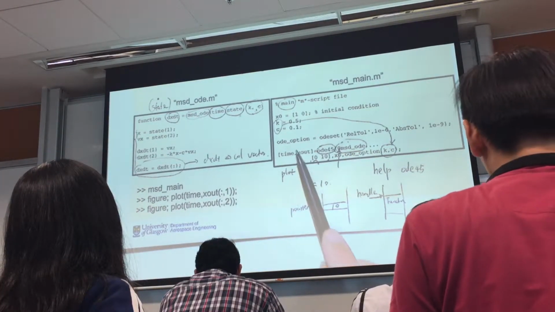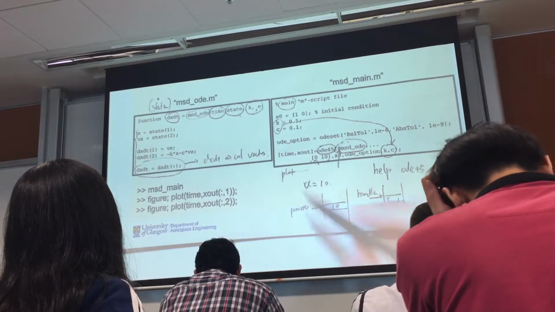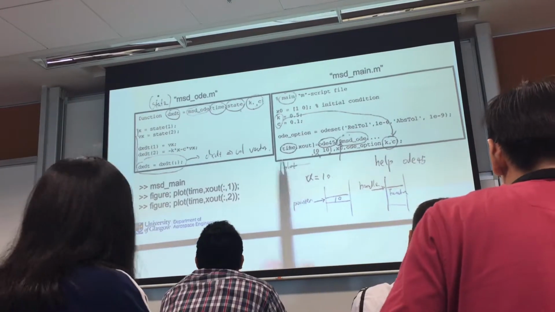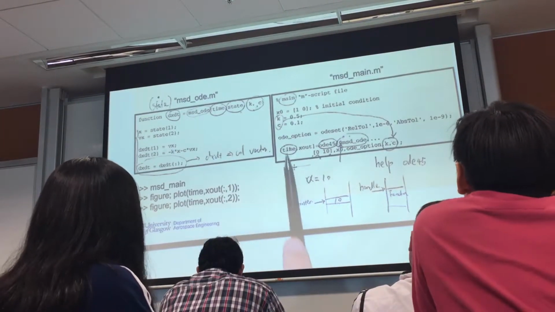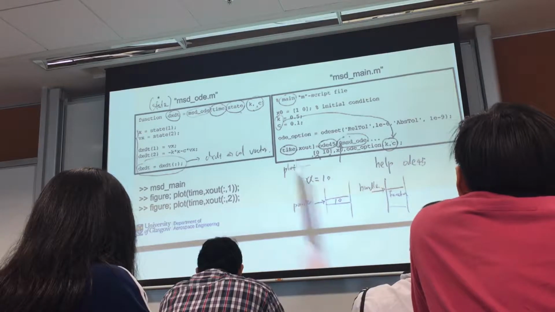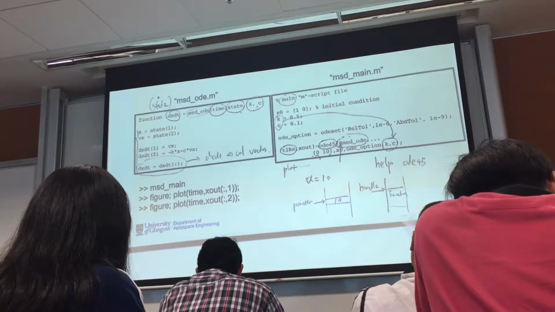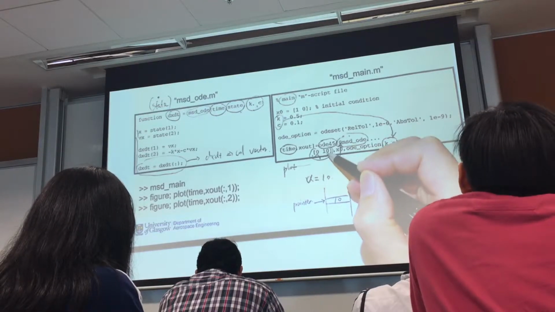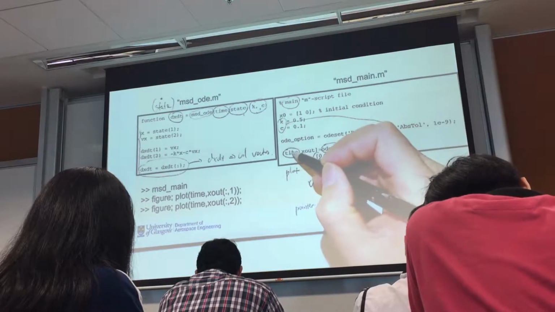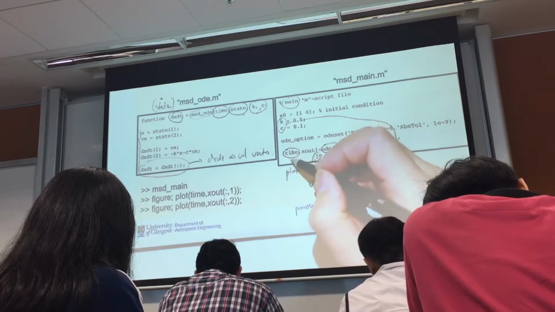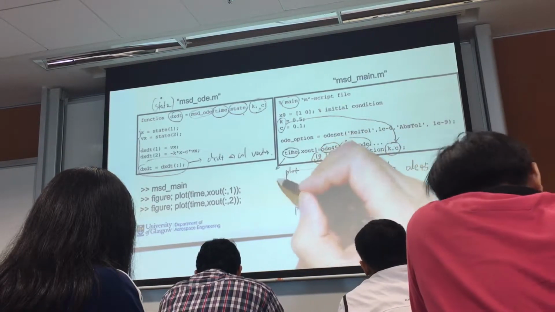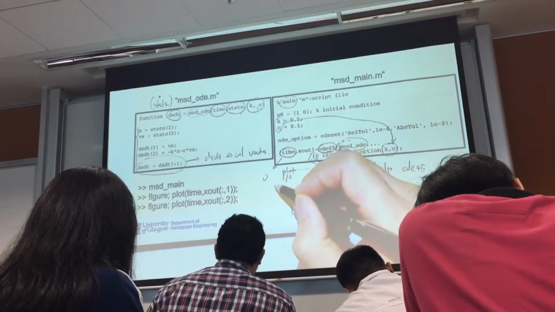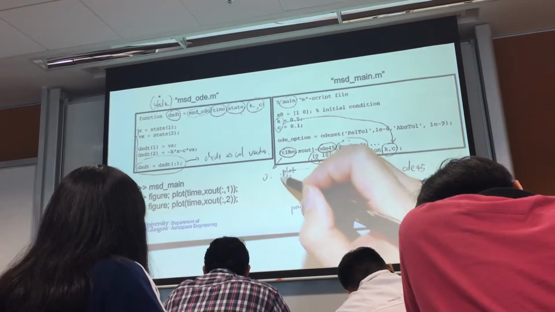Eventually, when you solve this problem, we solve it over a particular time span. For example, starting from time equal to 0, here we solve the problem from time equal to 0 to time equal to 10. Then you will get a variable. This time will be a vector from 0 to 10 with multiple components.